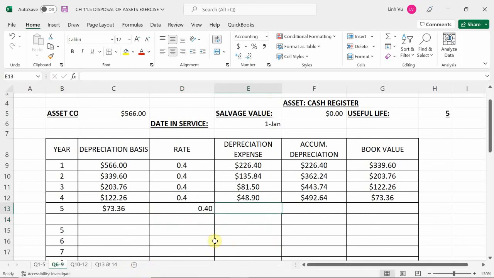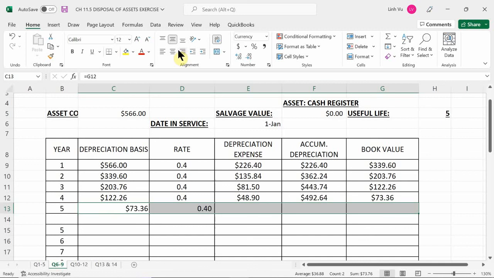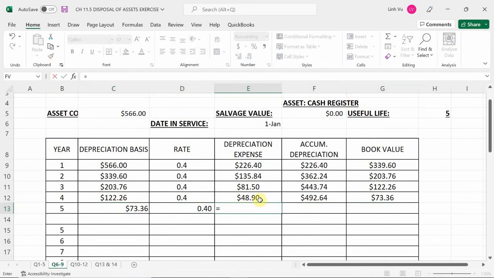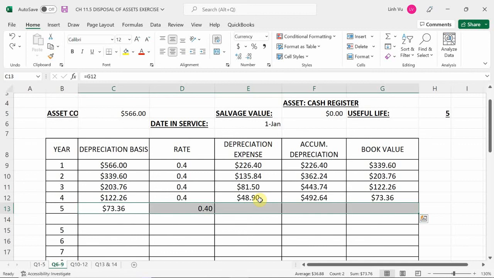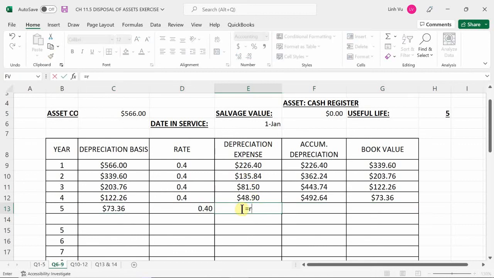So what is going to be my depreciation expense? 29.34. You said 29.34? Okay.